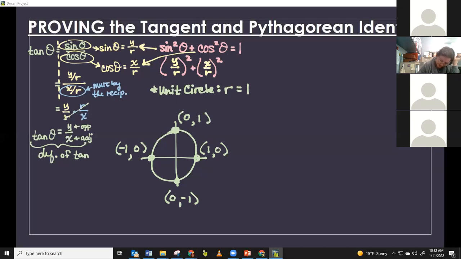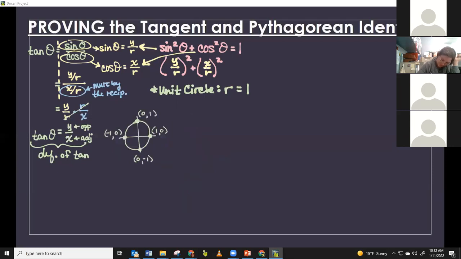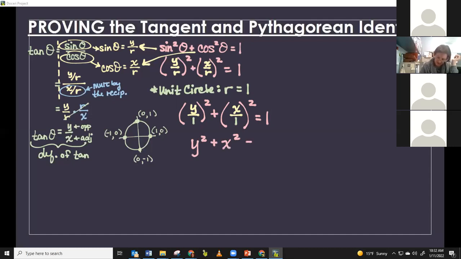So I can replace the r here with a 1. So I would have y over 1 squared plus x over 1 squared equals 1. So that would give me y squared plus x squared equals 1.